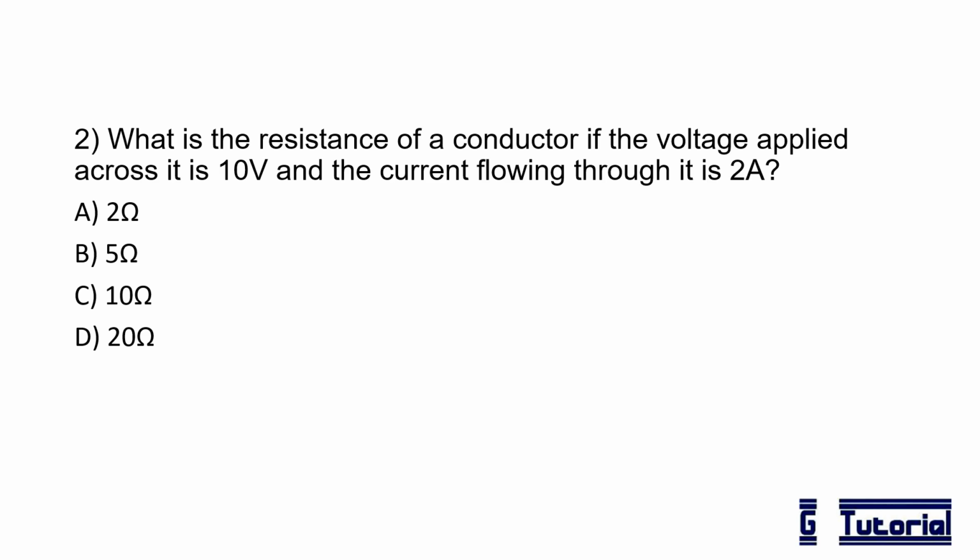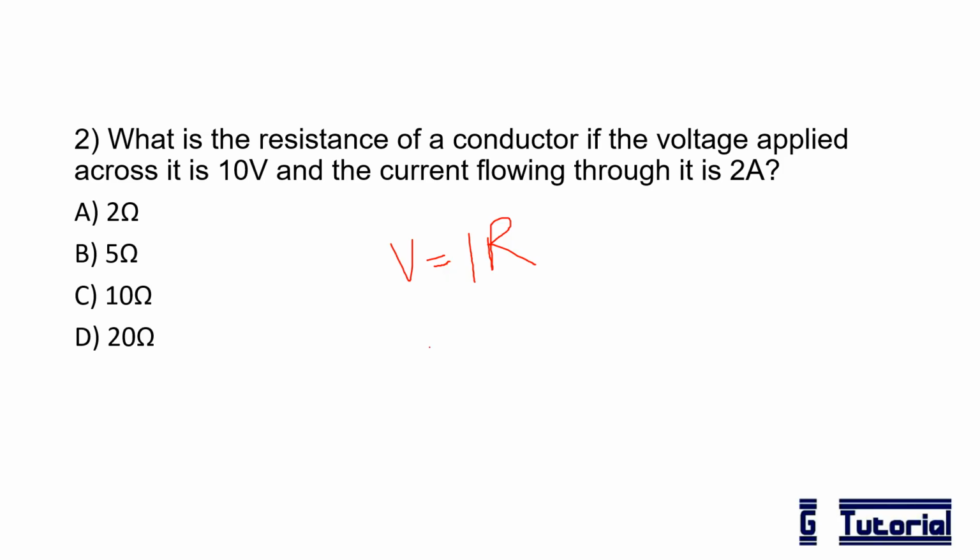Next question. What is the resistance of a conductor if the voltage applied across it is 10 volt and the current flowing through it is 2 ampere? We have to find the resistance. Using Ohm's law, we know that V is proportional to I. We can use a constant to replace the proportionality, so V is equal to IR.